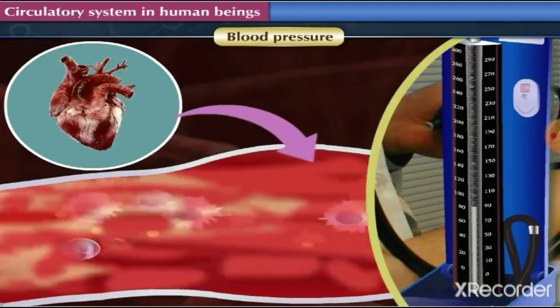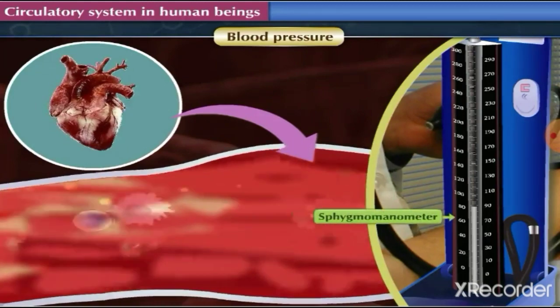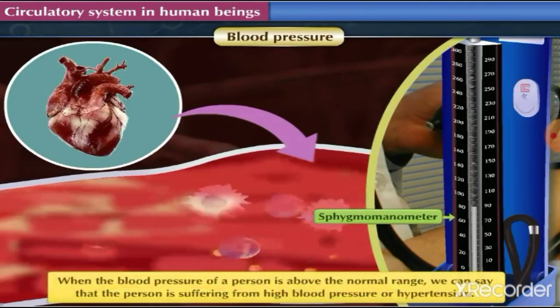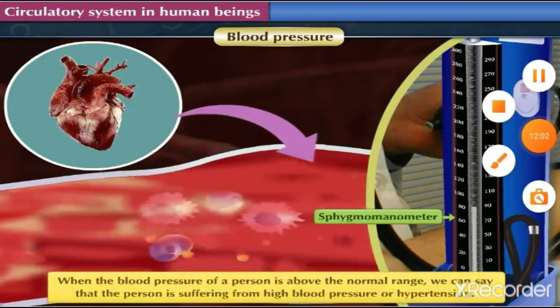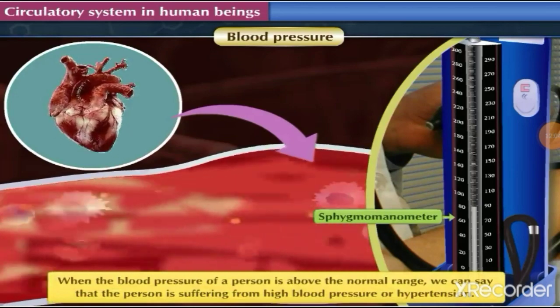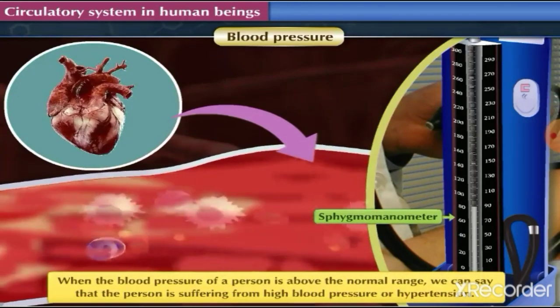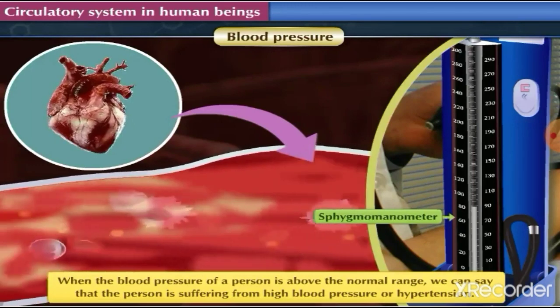Blood pressure is measured with the help of an instrument called a sphygmomanometer. When the blood pressure of a person is above the normal range, we can say that the person is suffering from high blood pressure or hypertension. Come, let us know about this clinical condition in brief.